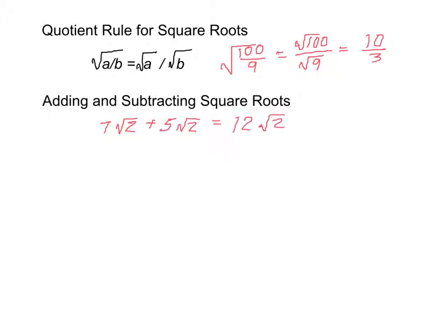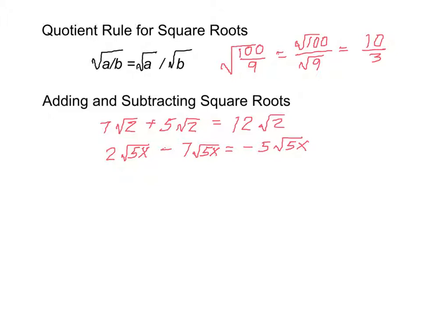For example, 7 times the square root of 2 plus 5 times the square root of 2 is equal to 7 plus 5, which is 12 times the square root of 2. Similarly, 2 times the square root of 5x minus 7 times the square root of 5x is equal to minus 5 times the square root of 5x.